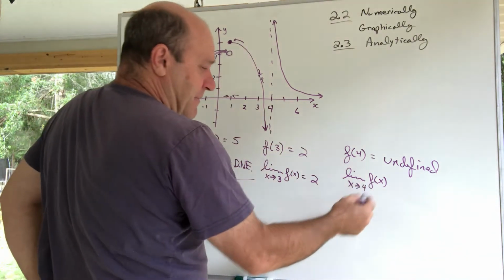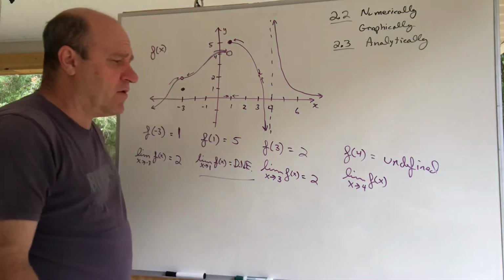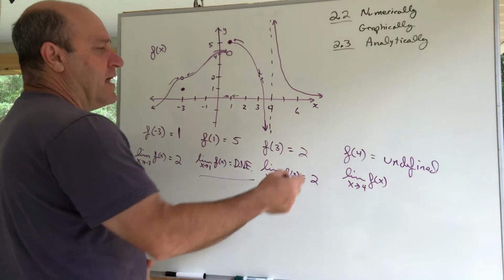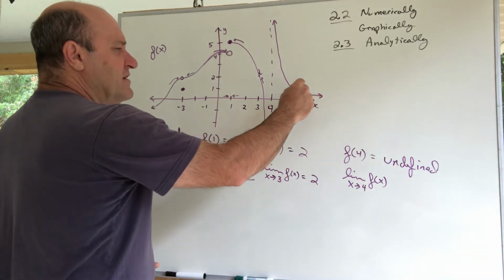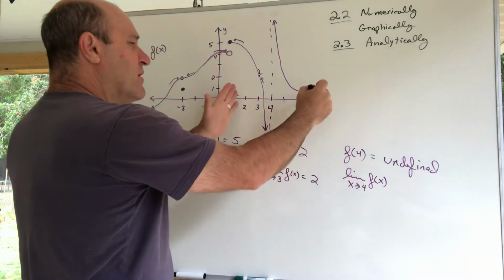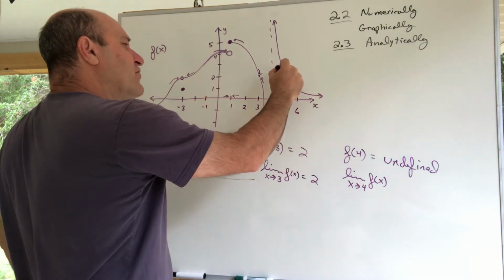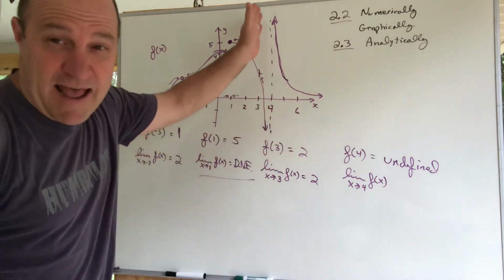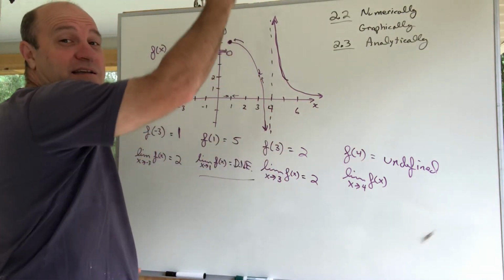And what about the limit as x approaches 4? Well, this is kind of a funny one. You're approaching 4 from both sides is what that question is. But when you work on one side and you're approaching 4, looks like you're headed up toward, and this is what happens at an asymptote, positive infinity.